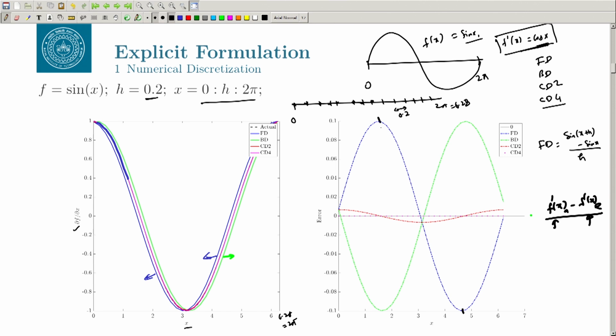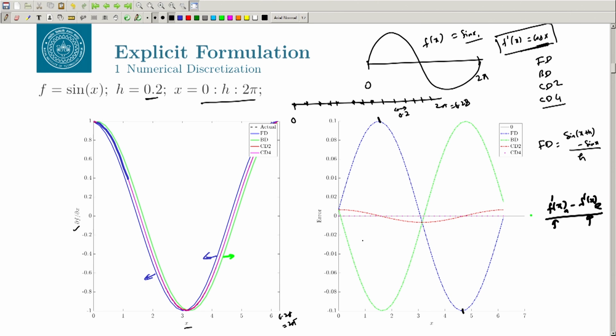Similarly, the backward differentiating scheme also has error, and you can notice that one is going on the right side and the other on the left side, right. In the last class we discussed that depending on the sign of the convection, you may have one scheme stable and another scheme unstable. That is what you are seeing here. The blue one is left running and the green one is right running.